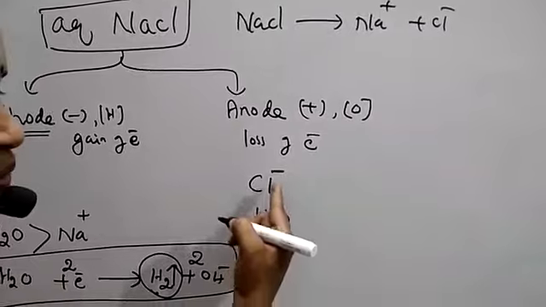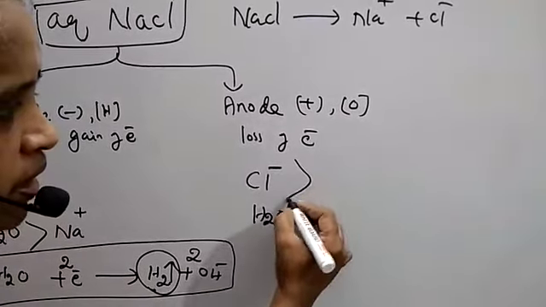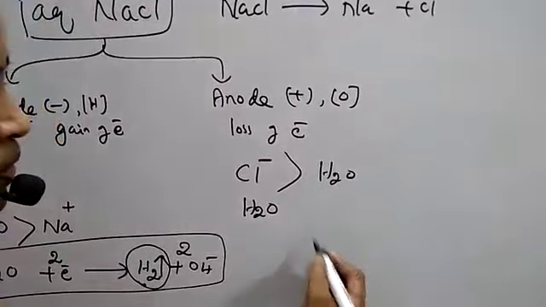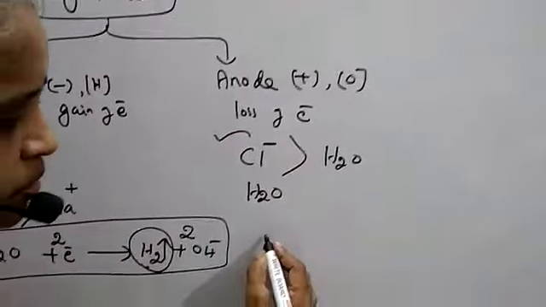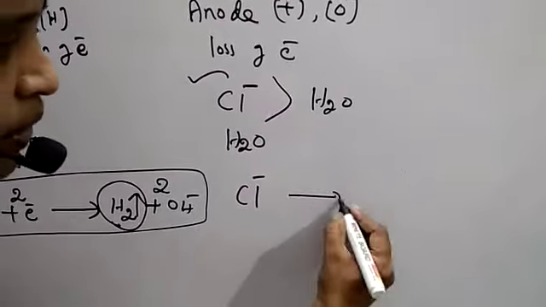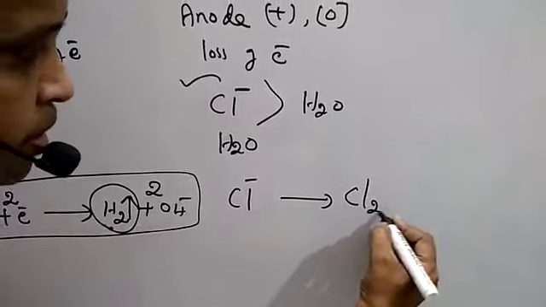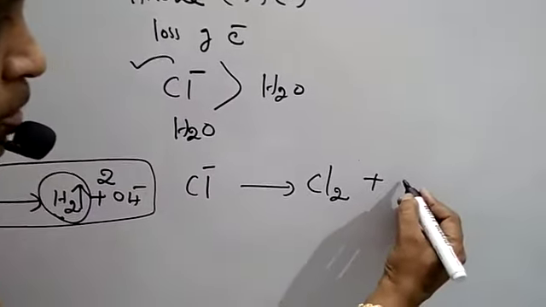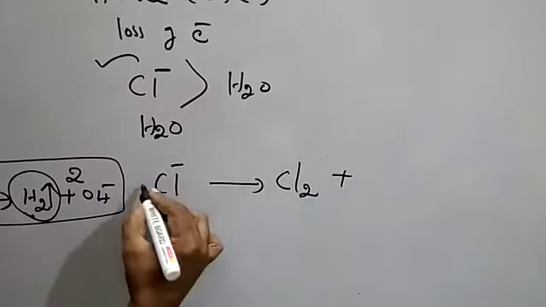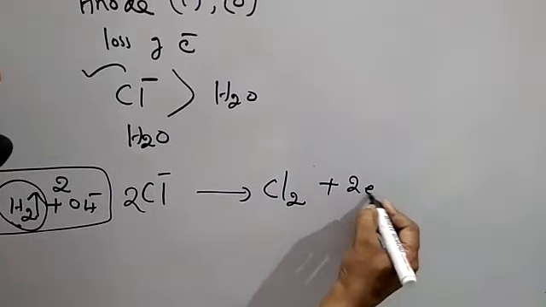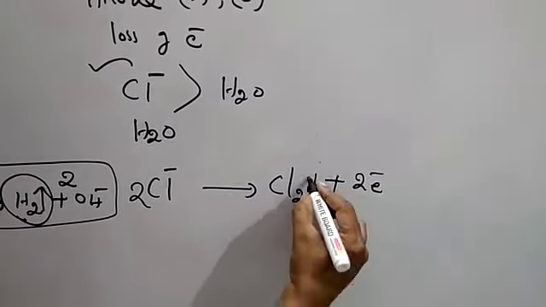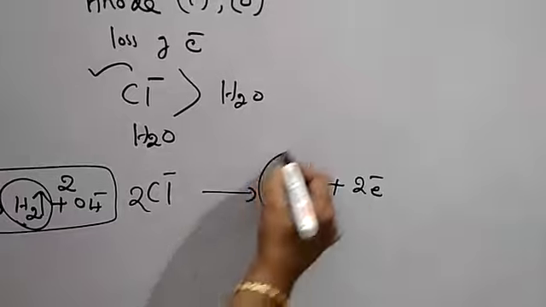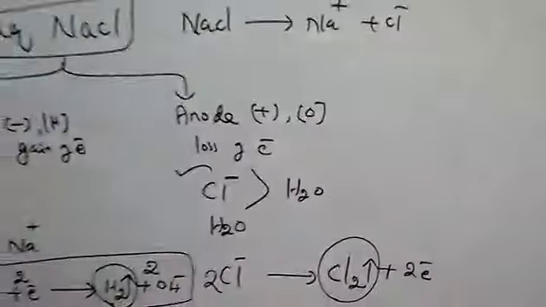The oxidation potential of chlorine is greater than water, so it gets oxidized. So Cl minus is oxidized to chlorine. Oxidation is the loss of electrons. You balance the atoms, and finally chlorine gas is liberated at the anode.